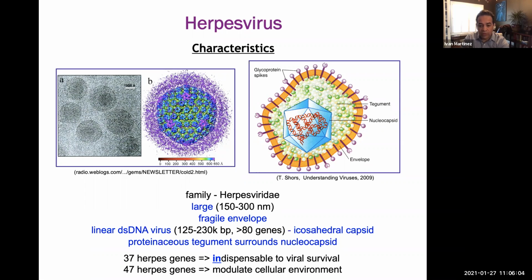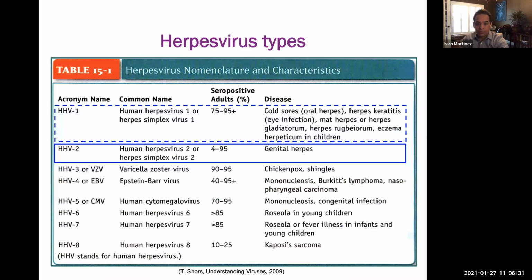I know people who have studied herpes viruses all their lives, and we still don't understand the function of all these genes. They have an icosahedral capsid, with proteinaceous tegument around the nucleocapsid. We know that there are around 37 herpes genes that are indispensable to viral survival, and another 47 herpes genes that are mostly related to modulation of the cellular environment.